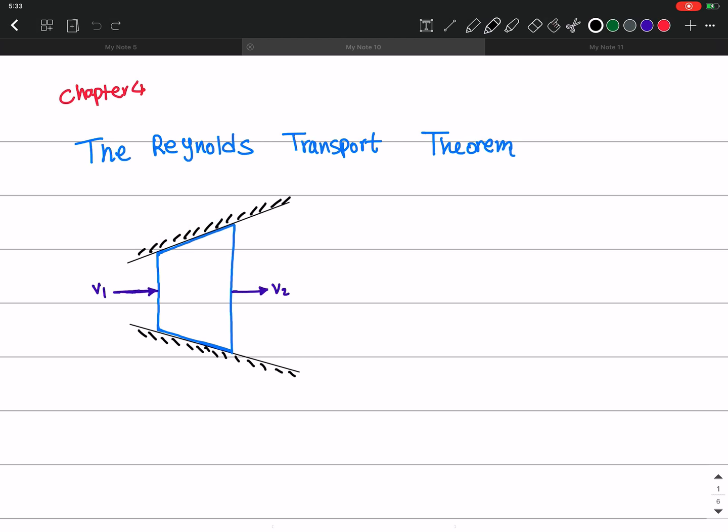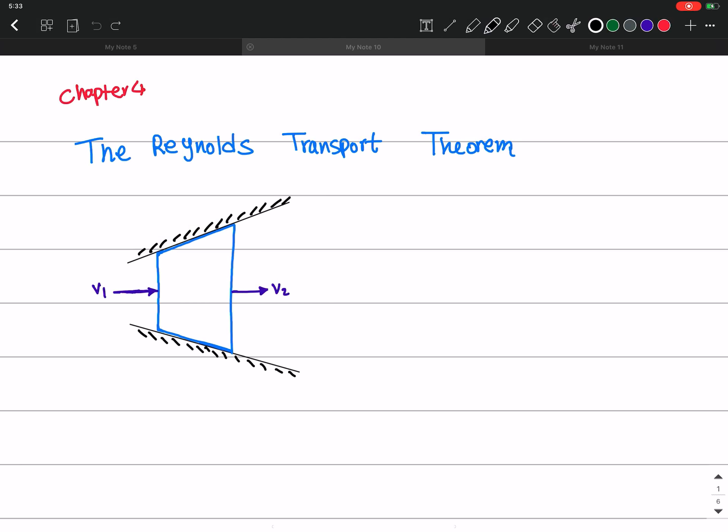And we will use this theorem to derive some of the conservation laws of fluids in the next chapter, which are conservation of mass or continuity equation, and also the conservation of linear momentum in fluid flows.